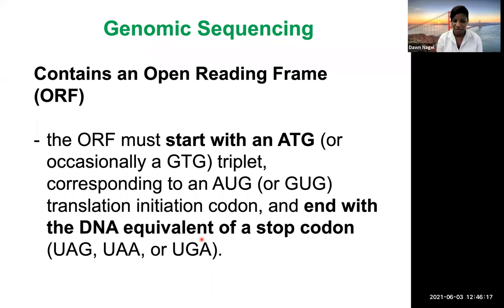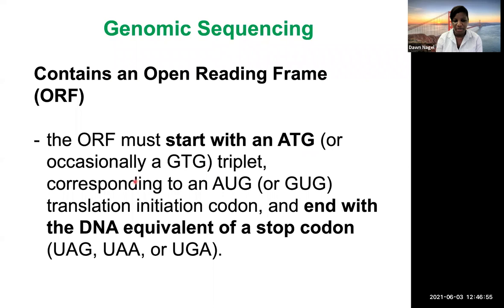These open reading frames are very unique at the beginning and the end of that region. So ORFs often start with ATG, right? And you guys know ATG because it's the start methionine in most cases. Occasionally you can have GTG present within the genome, or in bacteria you can have the two other types of start codons that we discussed, okay? But usually it starts with ATG.